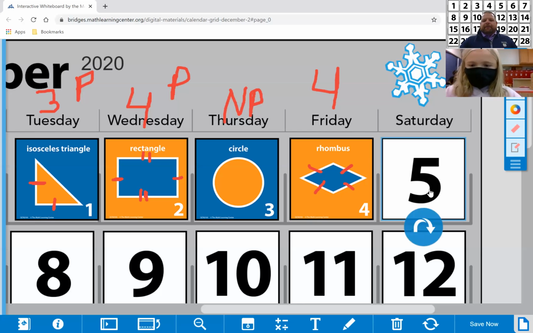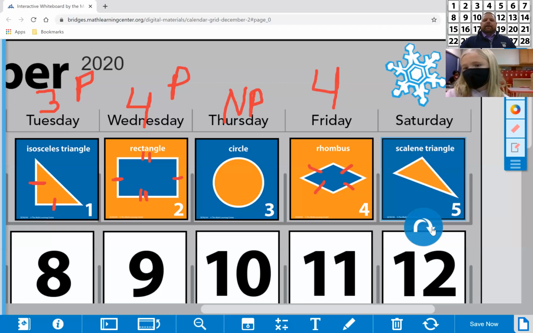What do you think day 5 is going to be? Now I think it's going to be a square, because we have almost all of them, or a rectangle, or a triangle. All right, let's see. How many sides does it have? 1, 2, 3.